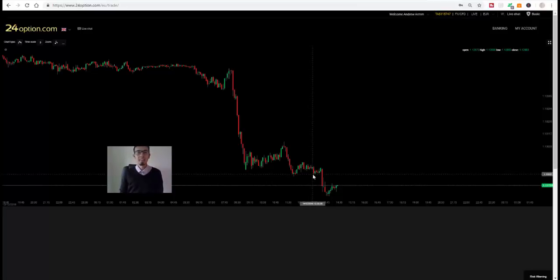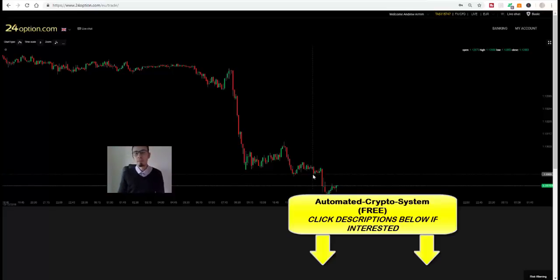So my take profit level should be around 5 to 10 pips below the resistance, which means that if the price goes in this direction, it's going to go here to my take profit level, and it's going to close the trade, and I'm going to take these profits away.